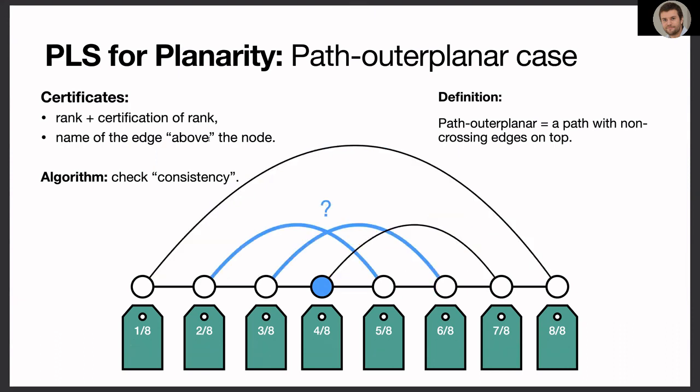Essentially, the idea is that if the graph is not path outer planar, then at least for one vertex it would not be clear which edge is above it, and for any choice in this ambiguity, someone will see the inconsistency. So this is fairly simple.